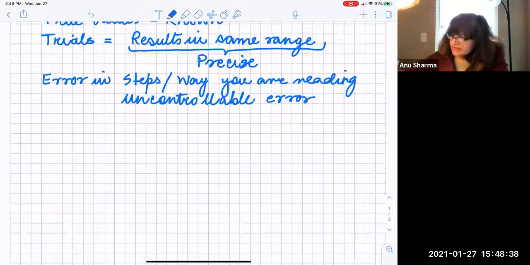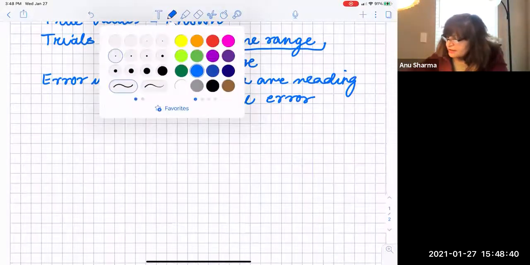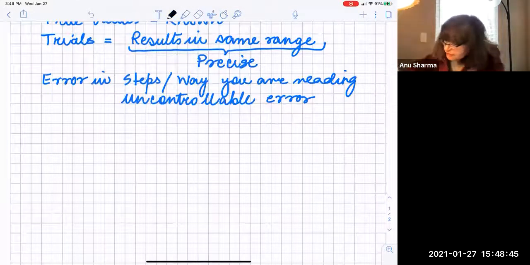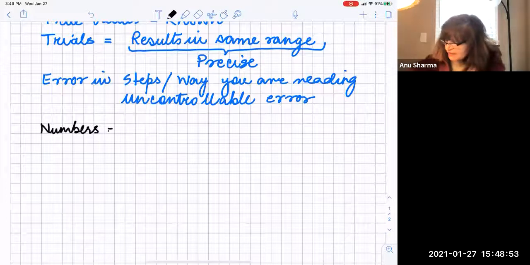Okay, so whenever we are doing these readings, we are always using numbers. Always, you're reading these numbers. These numbers have no values unless you put the unit. Okay, now what kind of units?